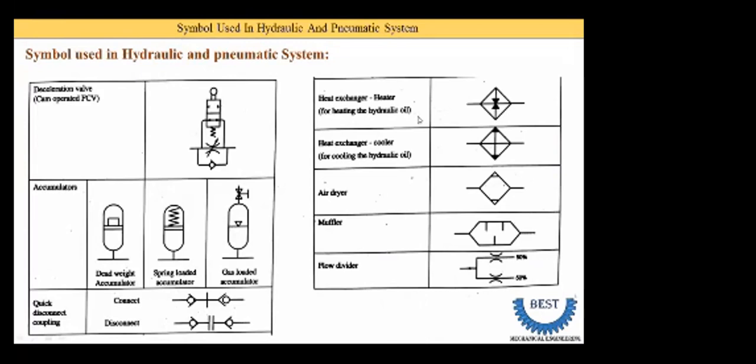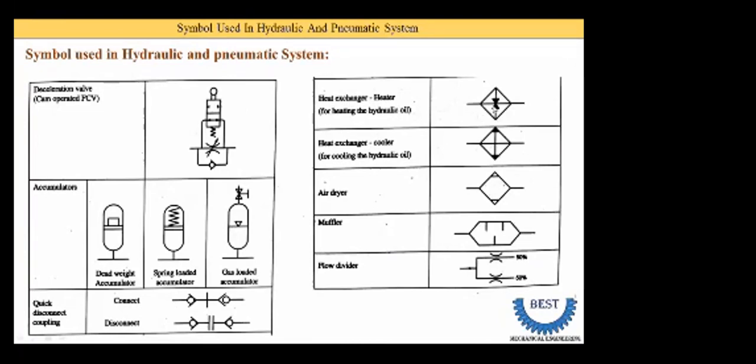Then after that is the symbol of heat exchangers. First is the heater, and the second one is the cooler. Heater is generally used for heating the hydraulic oil, and the cooler is used for cooling the hydraulic oil. So generally the heat exchanger is used for heating as well as cooling. In a heater or any heat exchanger, first you need to draw one square at 45 degrees, and one horizontal line is common.